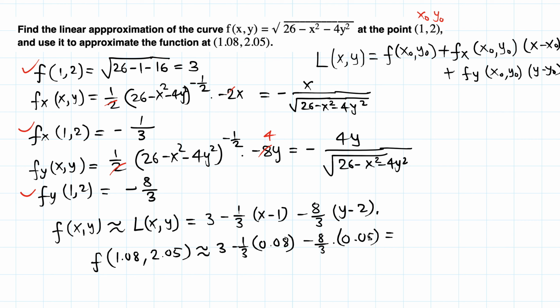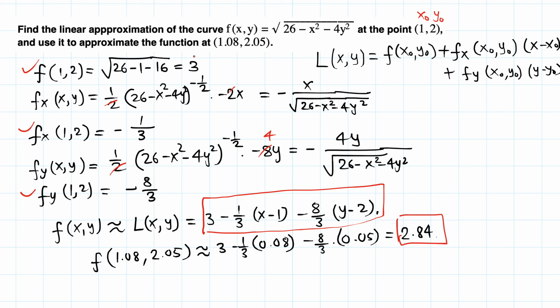Now we can use our calculator, 3 minus 1/3 times 0.08 minus 8/3 times 0.05, and it comes out to be about 2.84. Okay, so the linear approximation for the curve at the point (1, 2) is this, and the approximation for this f is 2.84. Final.